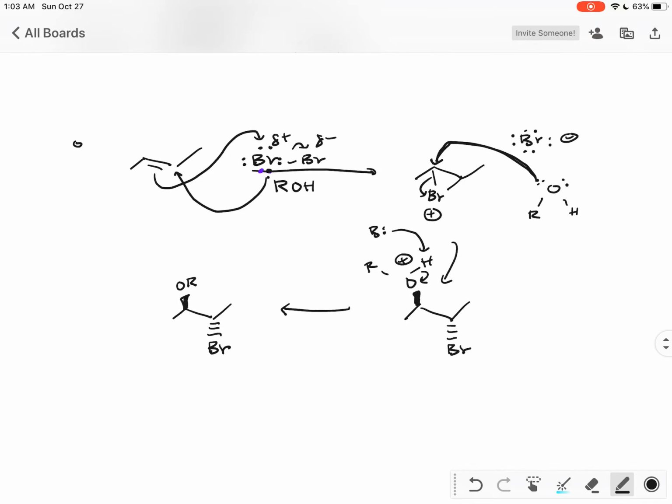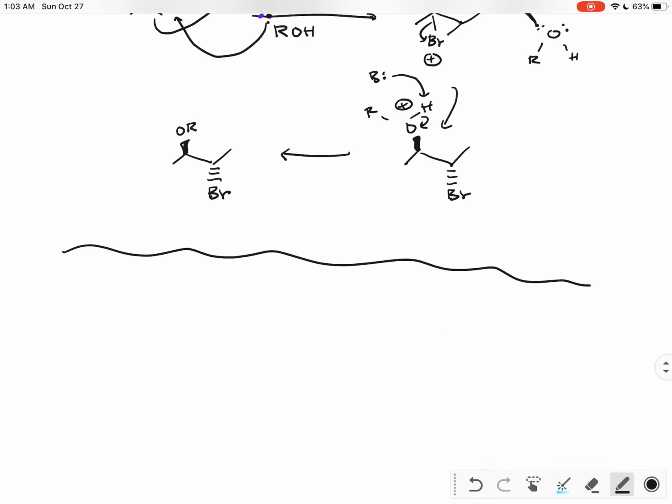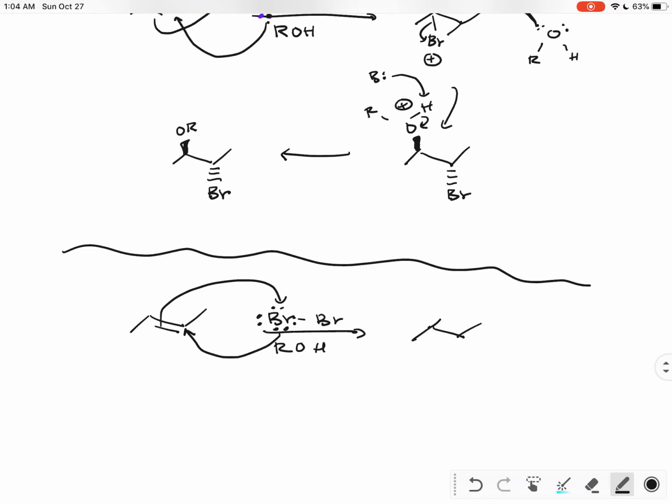And also, of course, the other possibility when drawing out the ring is for it to look something like this, where this set of lone pairs comes here, but we're actually drawing it up here, and our ORH comes from the bottom to attack.